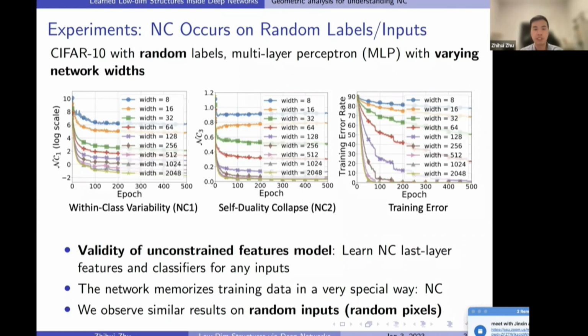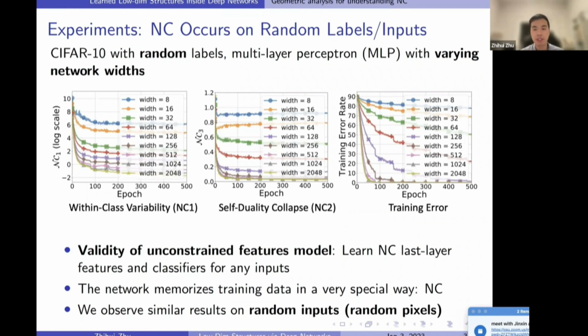In each figure, different plots correspond to different network widths. From top to bottom, we increase the network width from 8 to more than 2,000. From these two figures, we can observe that as long as the network is wide enough, we will always observe neural collapse properties because they converge to 0. This is the result on random labelings. We also observe similar results on random inputs, where each pixel is random.